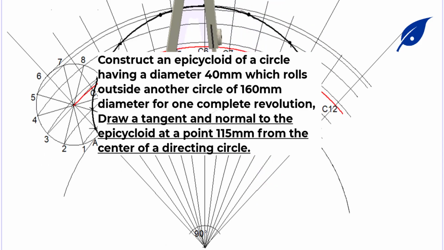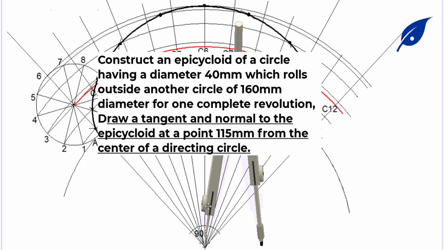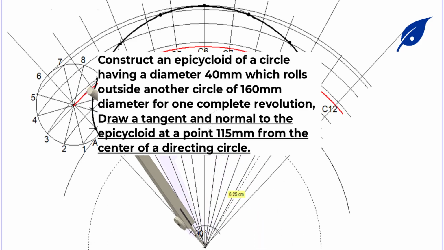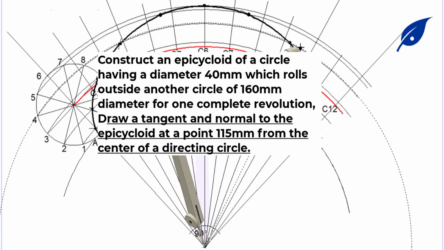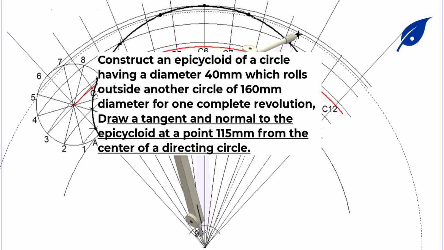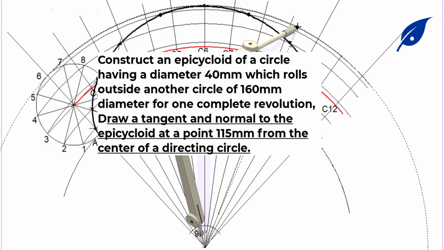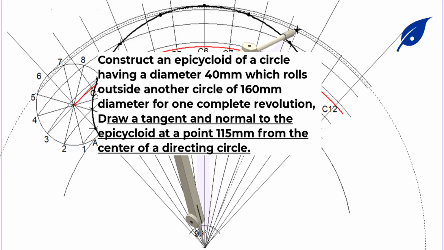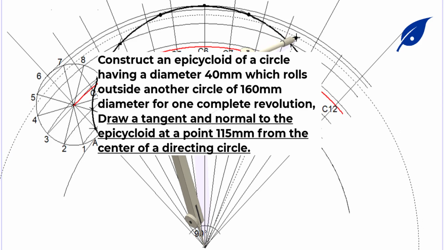So it means we're going to pick a radius of 115 millimeters from the center of the base circle or directing circle. So we'll mark it on the epicycloid, on the locus.